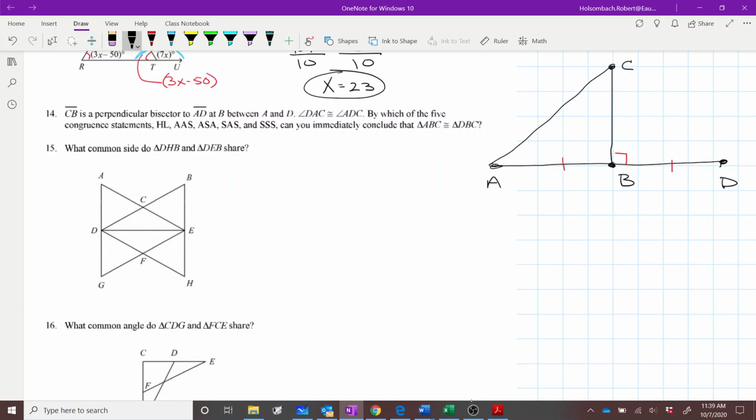Here's our angle DAC. It's congruent to angle ADC. So these angles are congruent to each other.